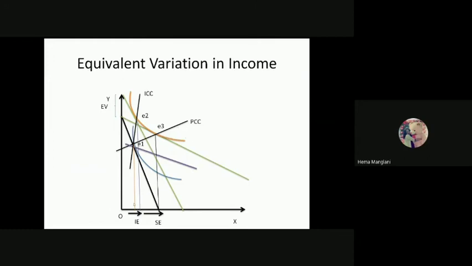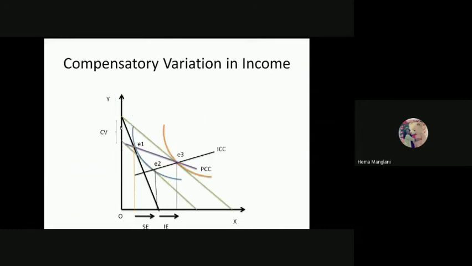So see, from this E1 to E2, that is the income effect, and from this point to this point, that is the price effect. Now, the important thing to remember is the first thing happening over here: the prices remain constant. Okay, then the income effect takes place, and then further the prices would change, and then the substitution effect takes place.